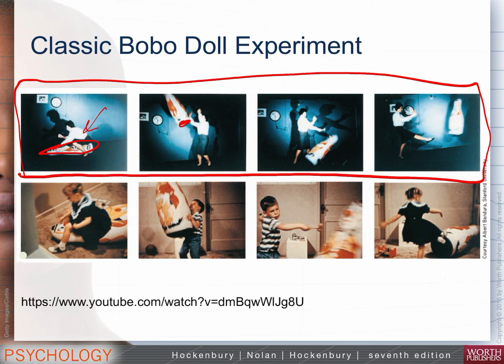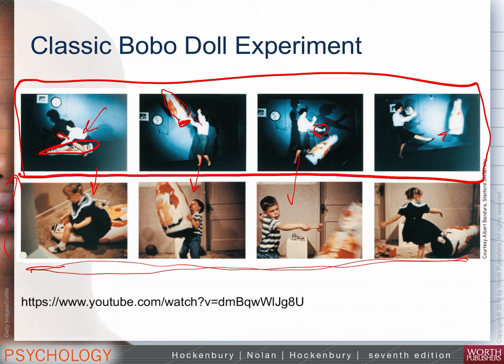In this case, the children watched the woman throw it up in the air. She punches it. You can see that she's doing some karate moves here and kicks the Bobo doll. Now, these children right here were the ones who actually watched this film reel, and they engaged in imitating behavior.